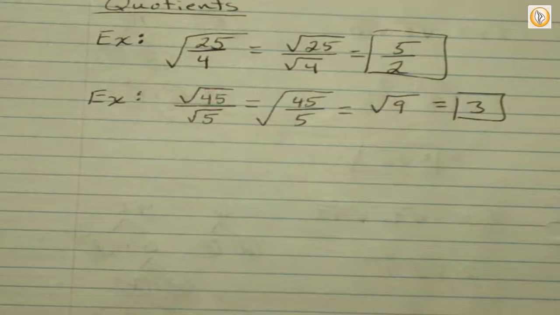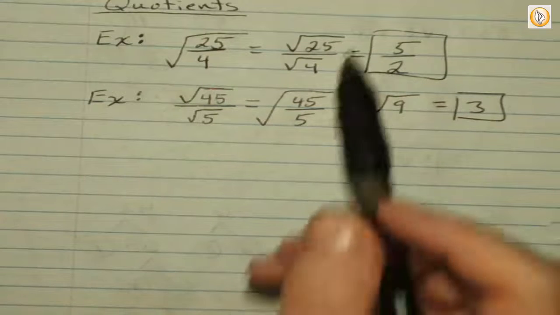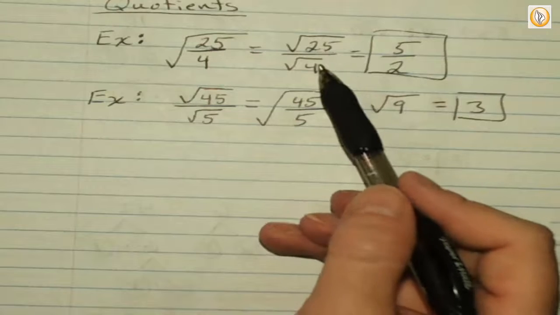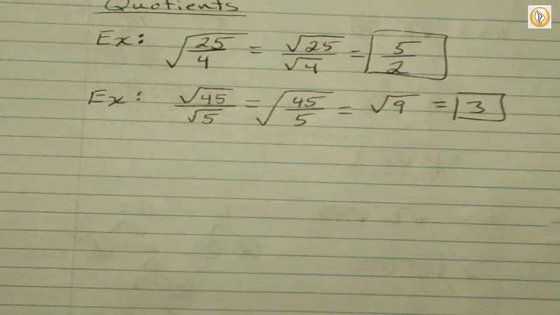Let's see. Is that not what the first example is? No, those were perfect squares, and you can divide. It's either going to be one way or the other.